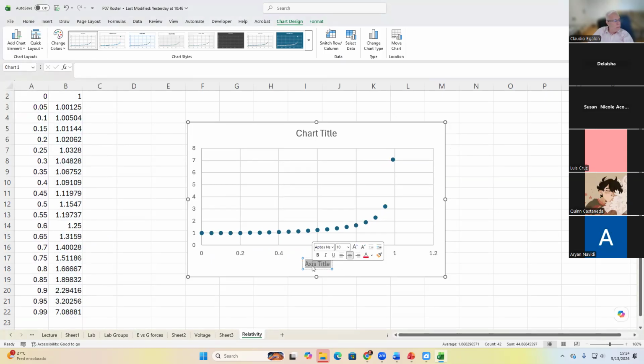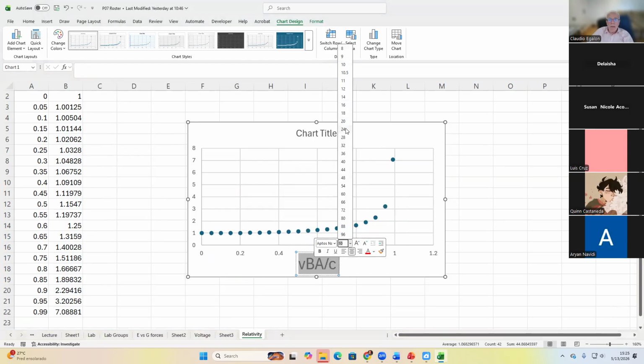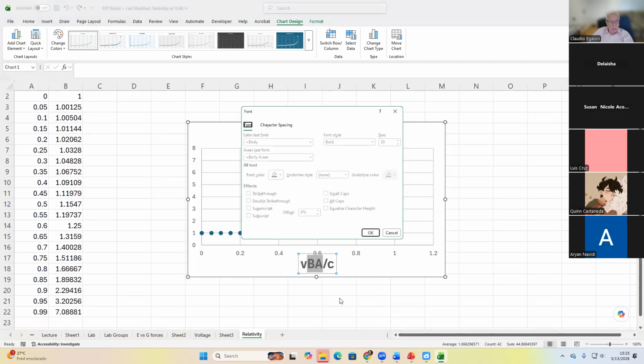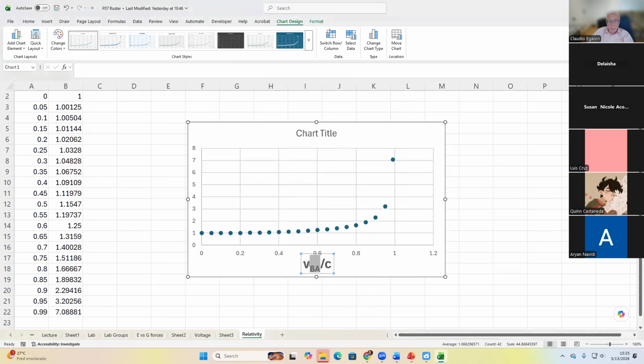The primary horizontal is going to be VBA over C. I'm going to make it larger, size 20, and boldface as well. I'm going to do the subscript, and we can also do italics, italics for V, italics for C.